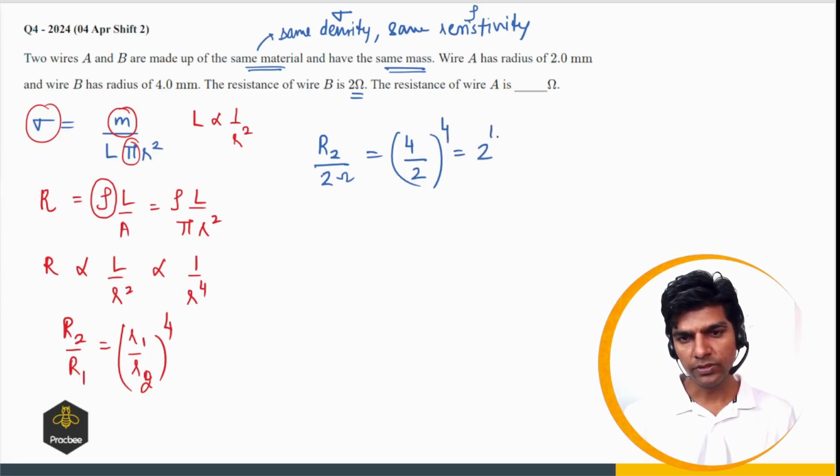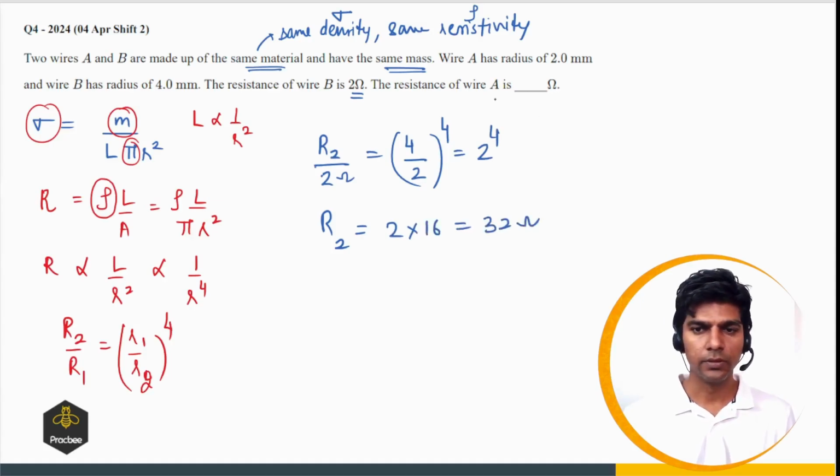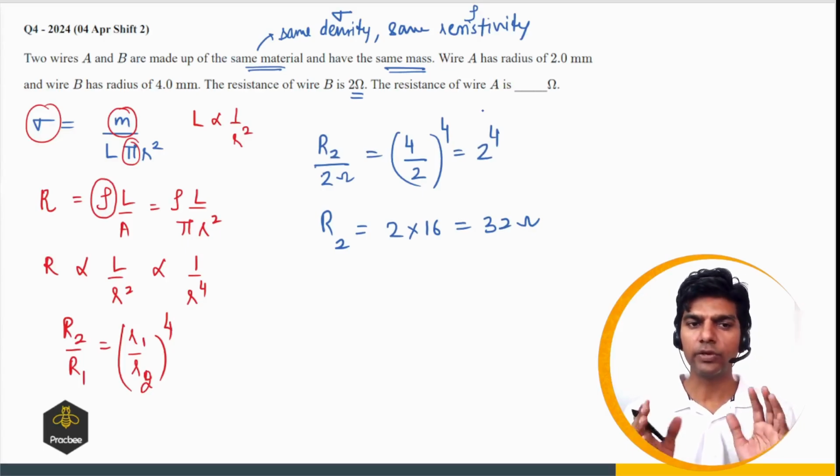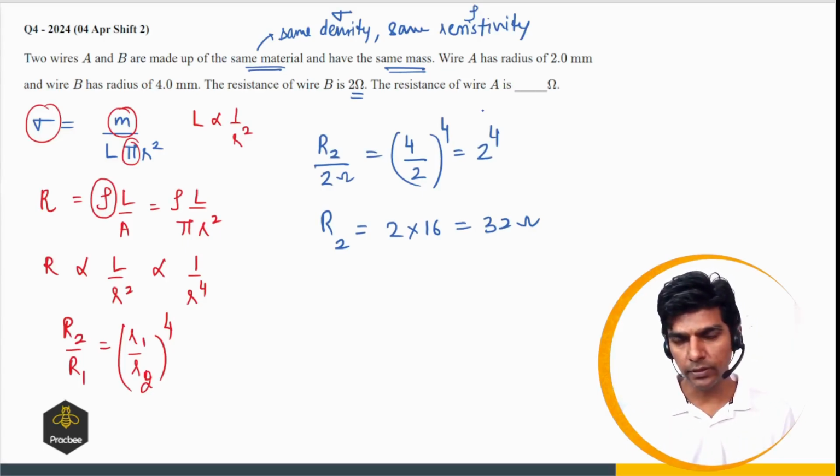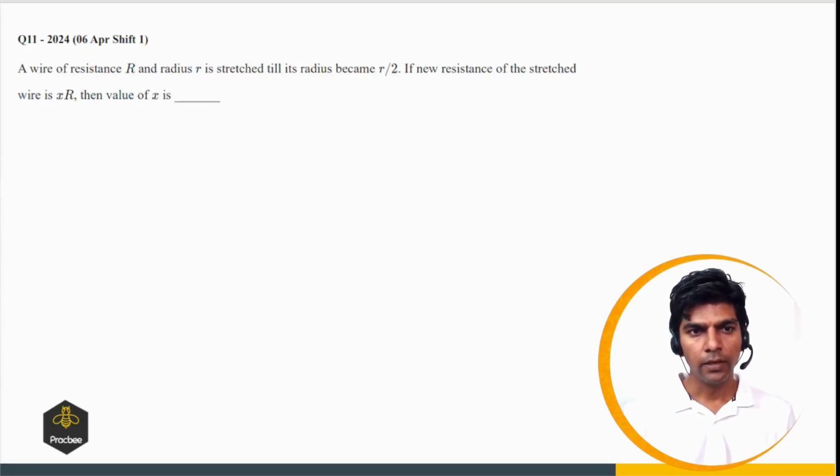So this comes out to 2 raised to power 4. So R2 comes out to be 2 into 16, which is 32 ohms. So 32 ohms is the answer. Whenever you get such a question, it is always recommended to form a proportionality relation and use the ratios. Okay, let us see the next question.